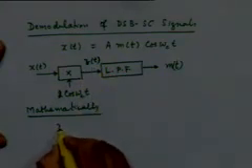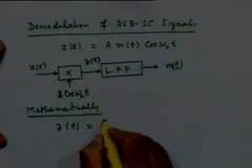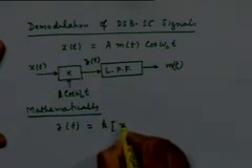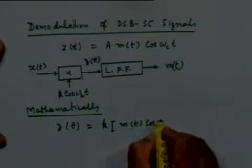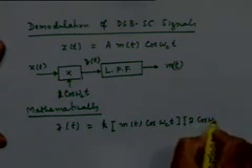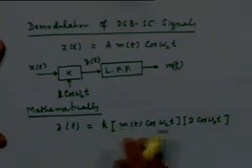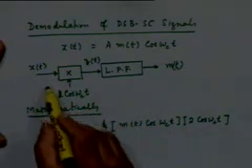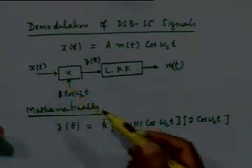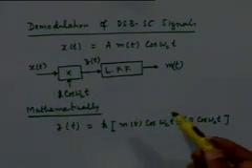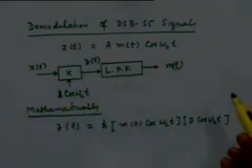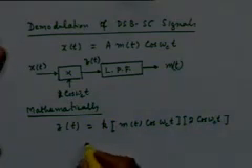So z of t is some constant k that will be associated with this multiplication process of m of t into cosine omega ct into 2 cosine omega ct. You are multiplying the received signal with 2 cosine omega ct. I have just introduced a constant k which may be associated with the multiplier. It may be producing an output proportional to the product rather than equal to the product. That's acceptable to us.